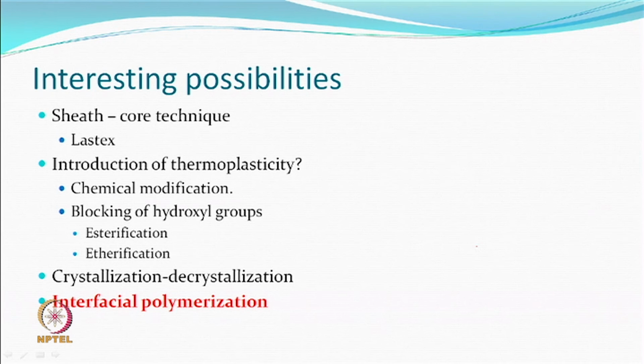But this is different than introduction of thermoplasticity by chemical modification. Here there is no chemical modification, it is only deposition of the polymer on the surface. So, this was found to be one of the easier techniques to get a layer of thermoplastic material on the fiber surfaces.